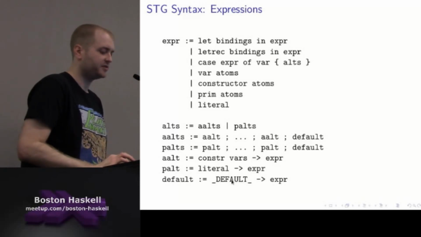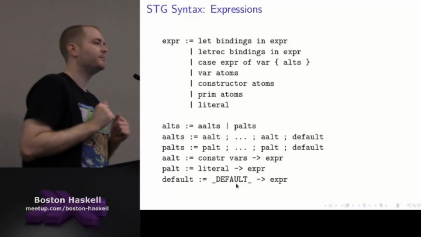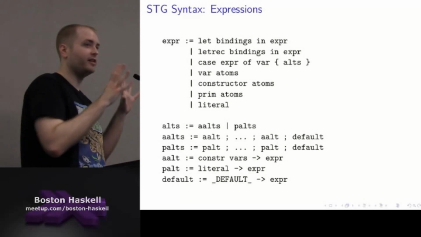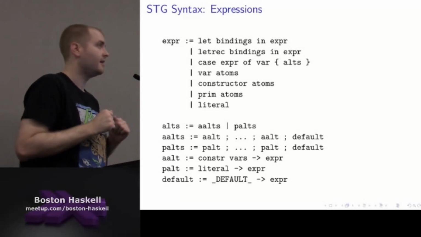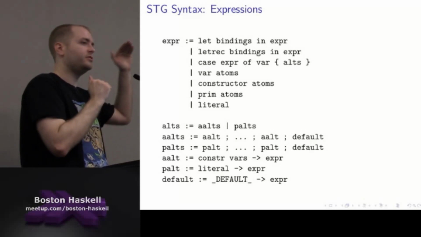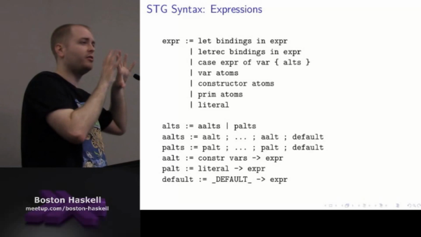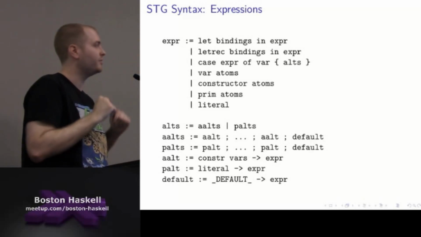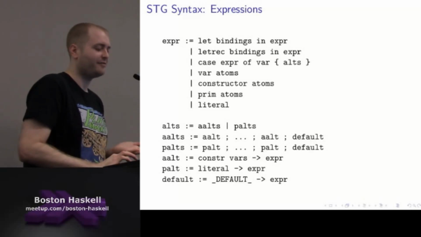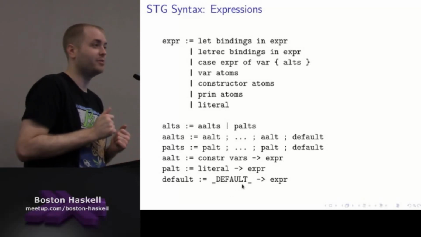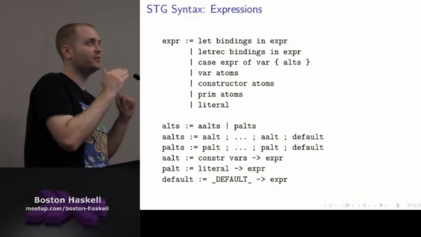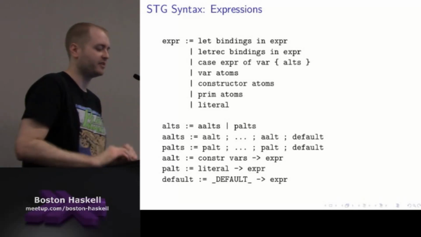And it also has a default, so in STG and core, all pattern matching will be fully elaborated into splitting trees, and you'll never be in a situation where you have to do them in order, because all the ordering of patterns and overlap will be resolved by the time you get there. So actually, I don't know if we have a default case in any of the code I've written, but if we did, GHC writes it out first, even though usually you'd have to write a default last in Haskell because it would overlap with everything.